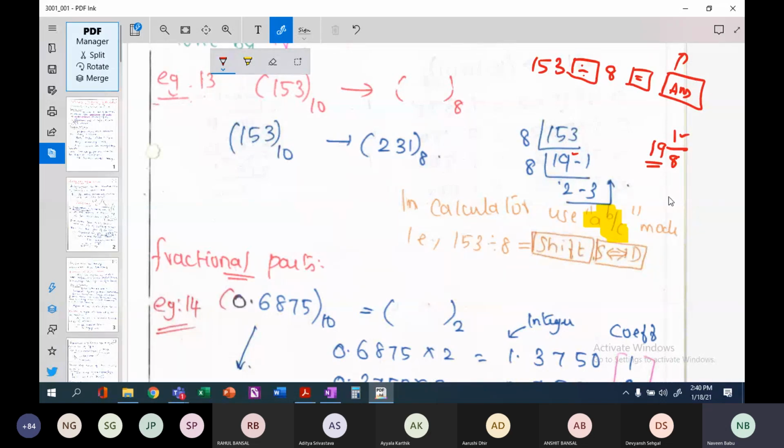Straightforward. Again, you divide 19 by 8 and press this ABC button, you will get 2 3 by 8. So 2 is the quotient and 3 is the remainder. So you can easily calculate. This is in case of 8.